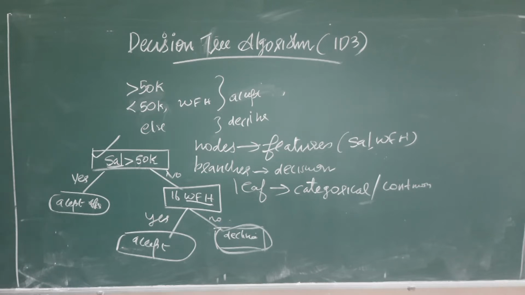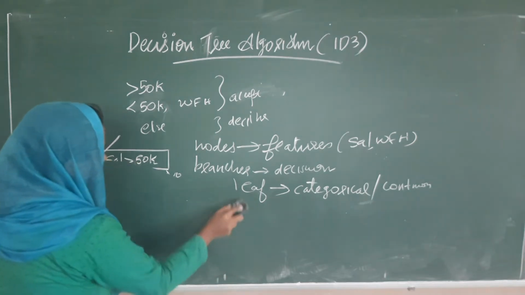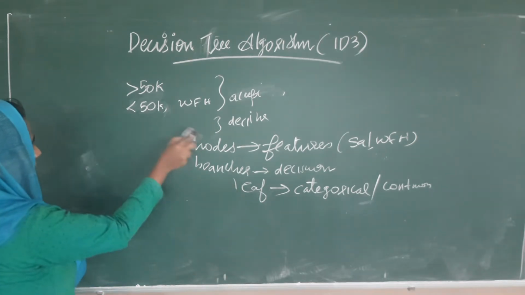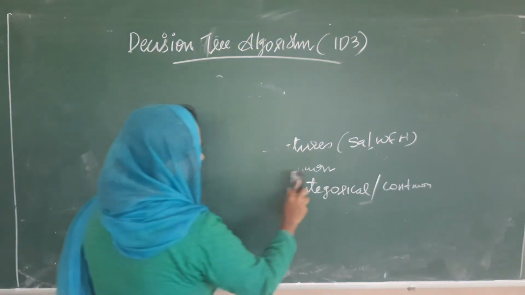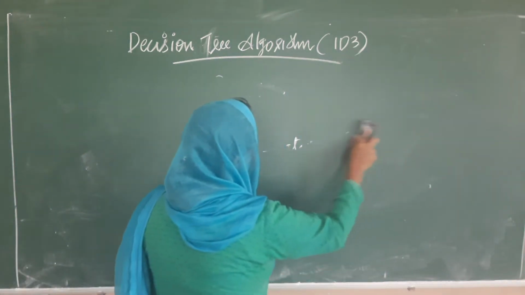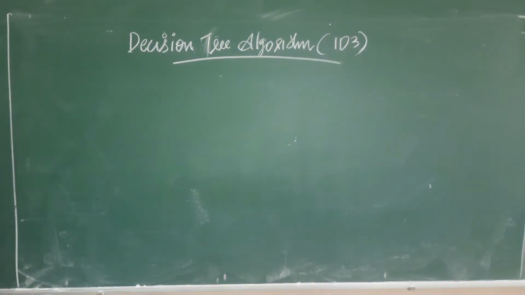So, iterative dichotomizer tree. This is also a supervised algorithm, and here, see, in the first step I have used salary as the splitting feature, right? To split the tree at the first level I have used salary, and at the second level I have used work from home. So this splitting attribute, that is, which attribute must be used to split the tree at each and every level, is identified by two things.